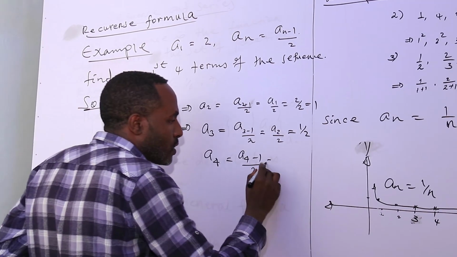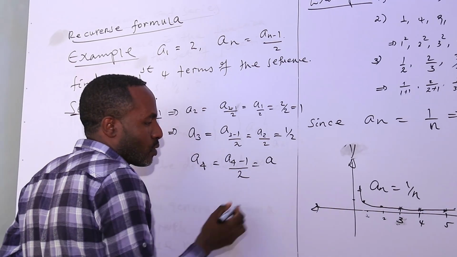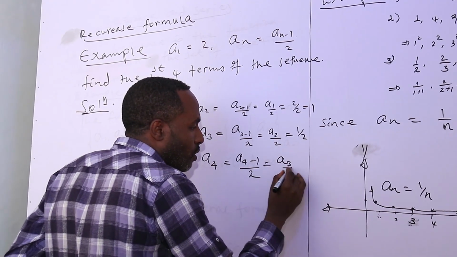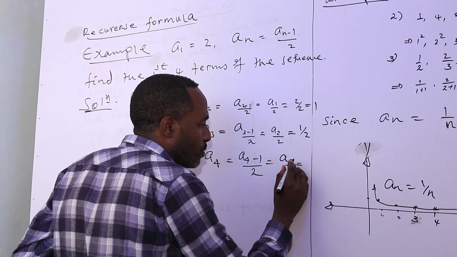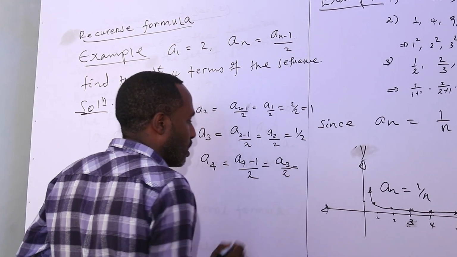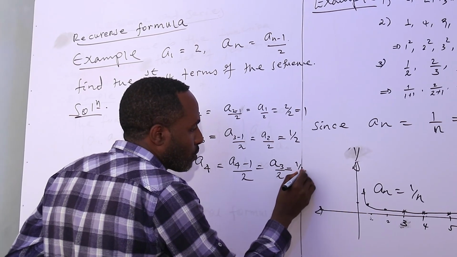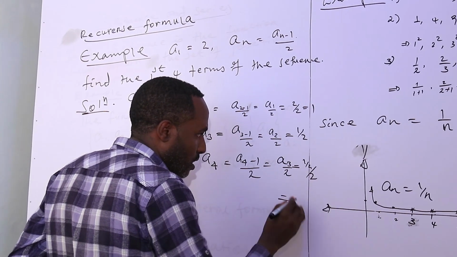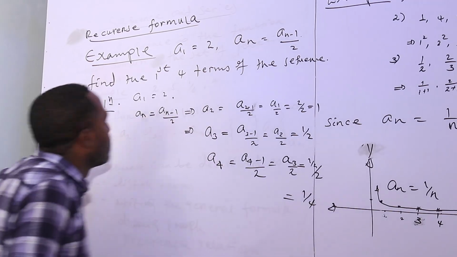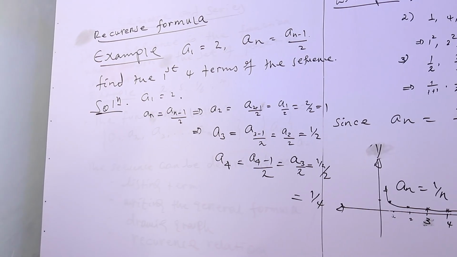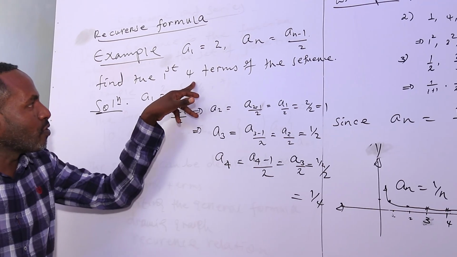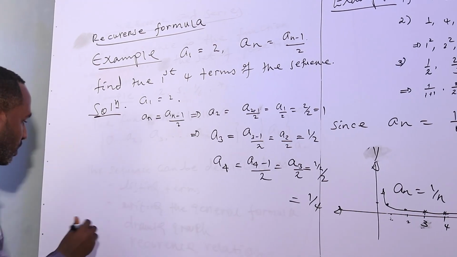So this is equal to, 4 minus 1 is 3, so A3 over 2. A3 is given here, which is 1 over 2, so 1 over 2 over 2, which is exactly equal to 1 over 4.